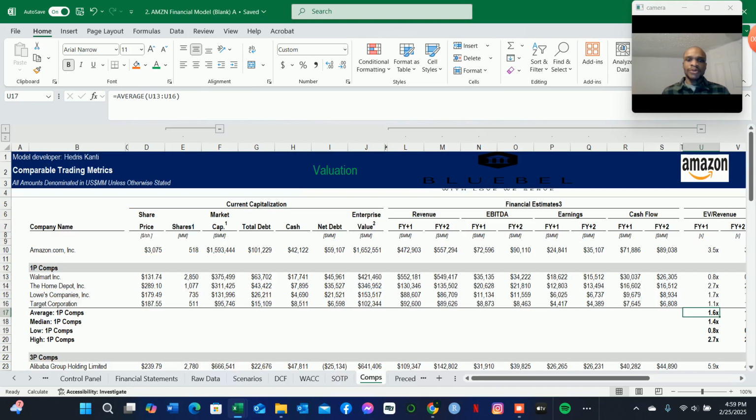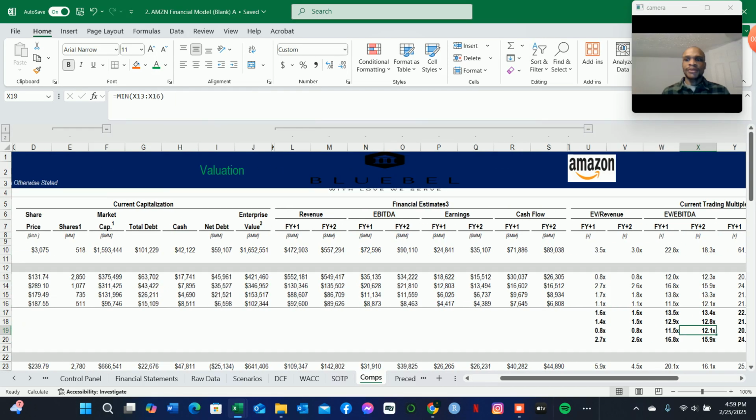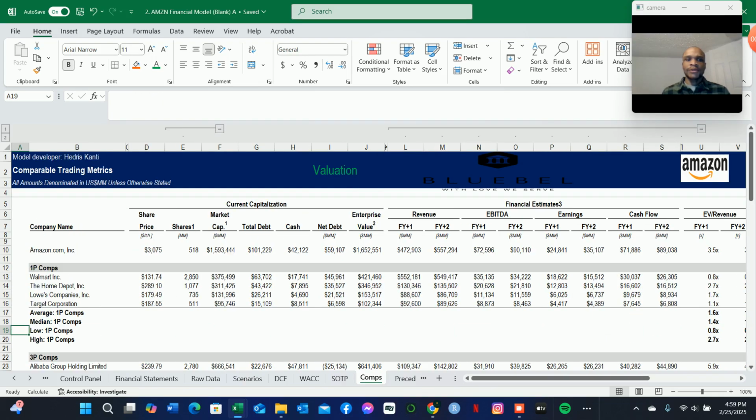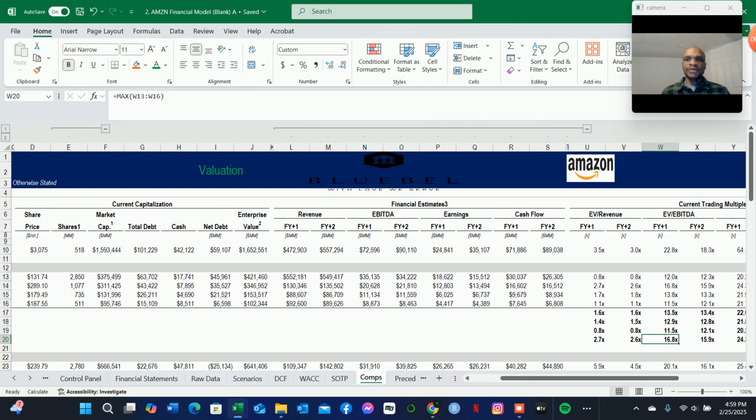If we switch to the comps tab, you can see here that we also have the current trading multiples. We have the low, mid, and the high, and we're going to be taking precisely the EV to revenue for the current trading multiple to arrive at the implied enterprise value of this business.